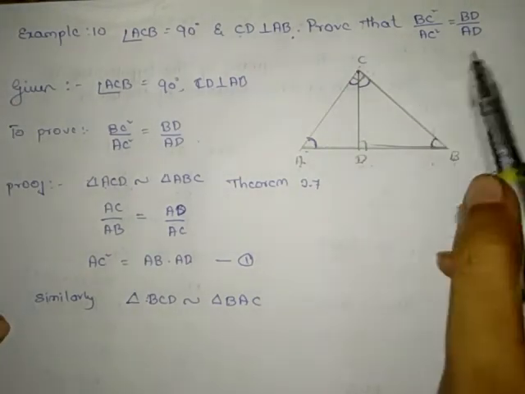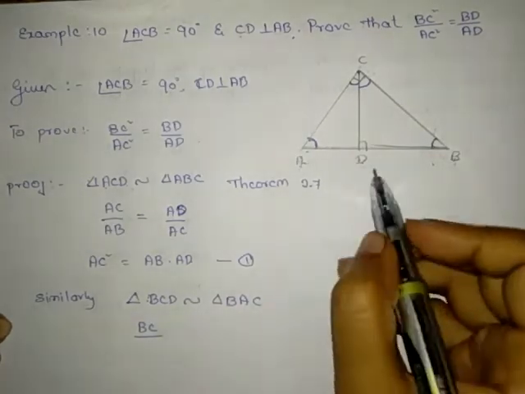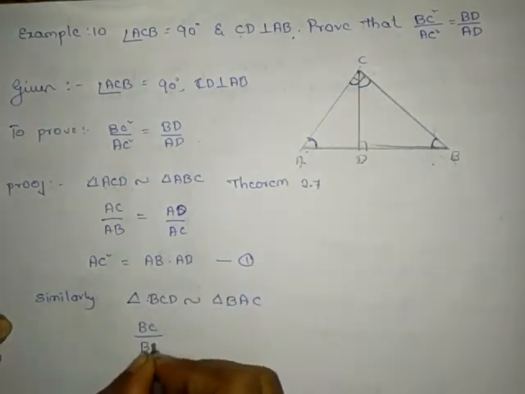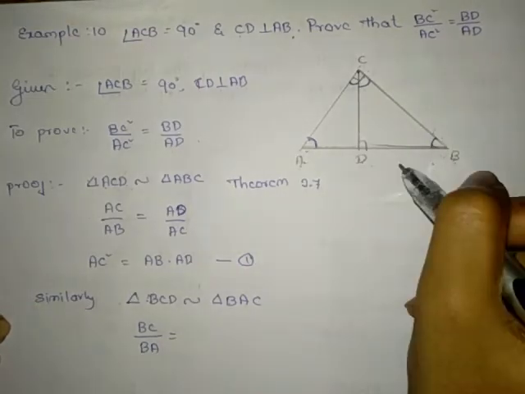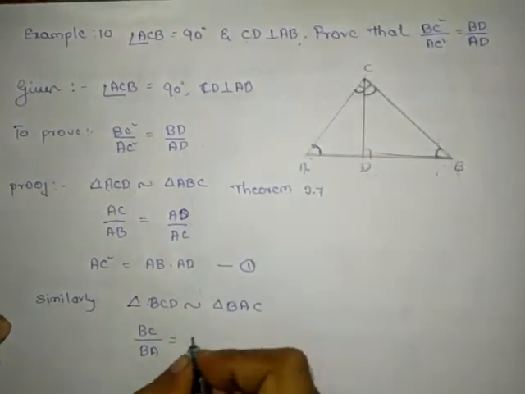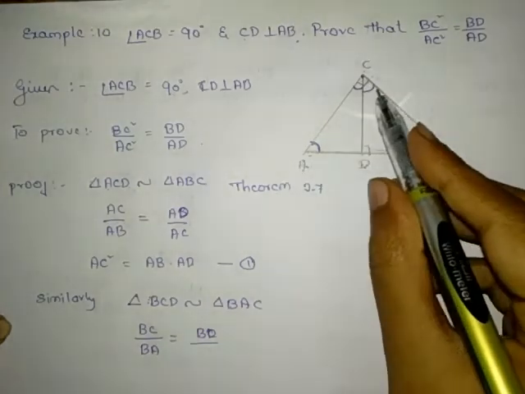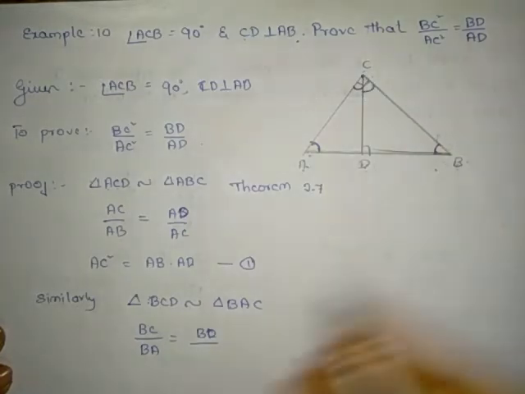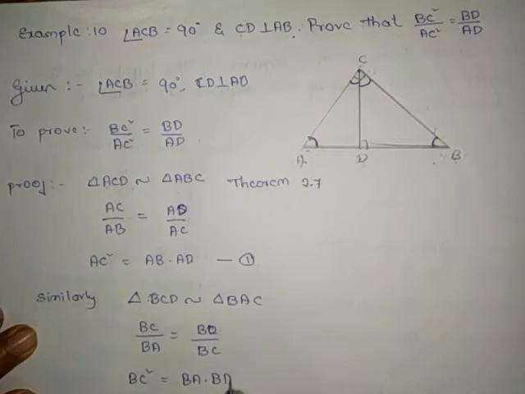For the small triangle, that is triangle DBC, BC is the hypotenuse, right? So hypotenuse divided by the hypotenuse of the bigger triangle, that is BA or AB, is equal to, one more corresponding side we will take, BD, this side BD, is the side for the small triangle, right? For the big triangle, we'll take BC as the side. Again we cross multiply, and we get BC square is equal to BA into BD. This is equation 2.